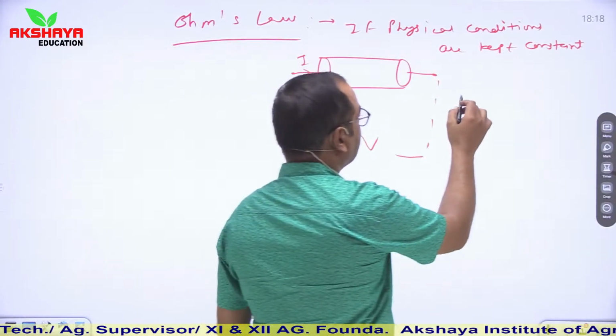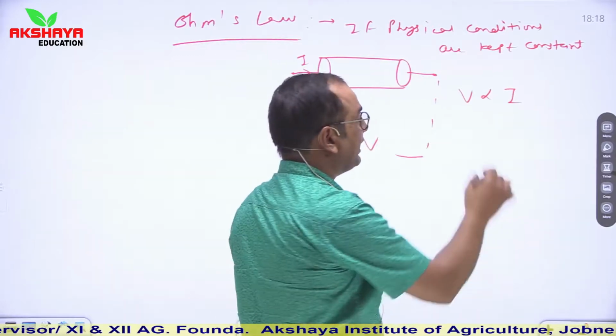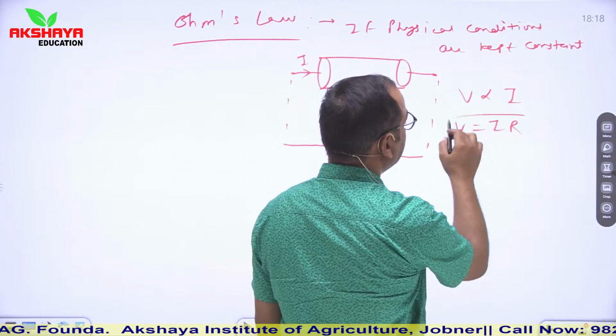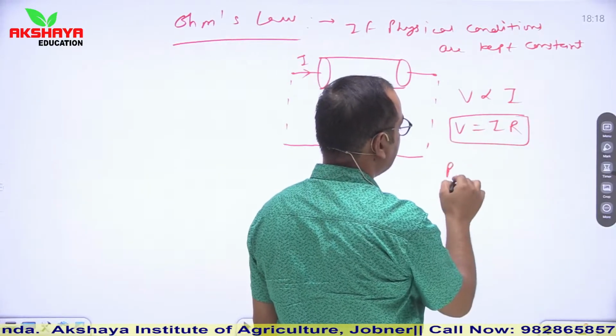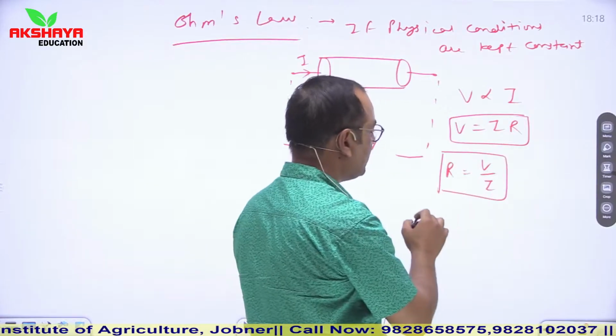It means its mathematical relation is V is proportional to I. If we remove this proportional sign, then here comes a constant which is known as electric resistance. So R is equal to V upon I.